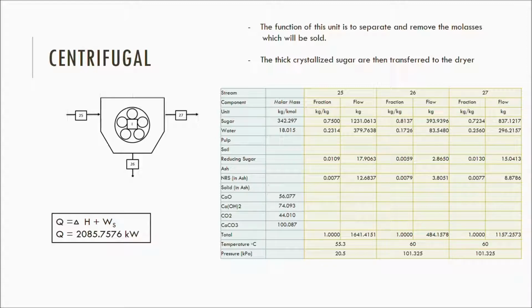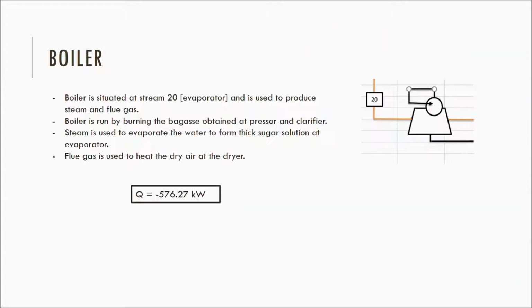Energy produced from the centrifugal is 2085.7576 kW.